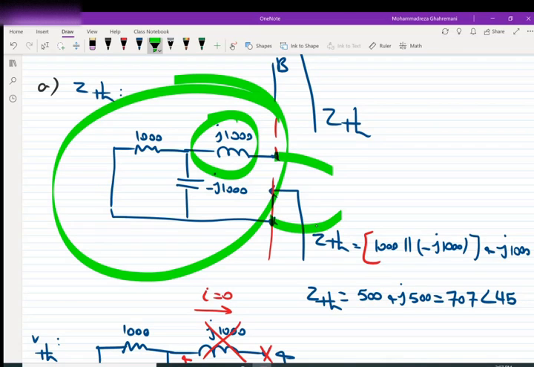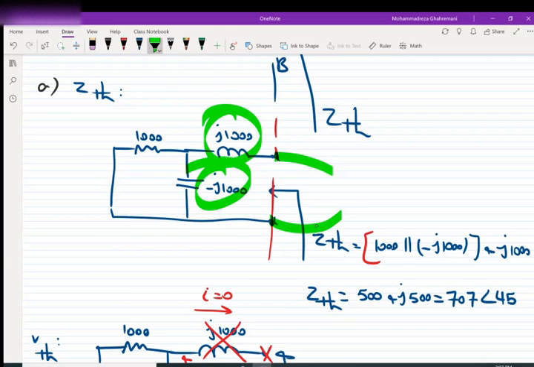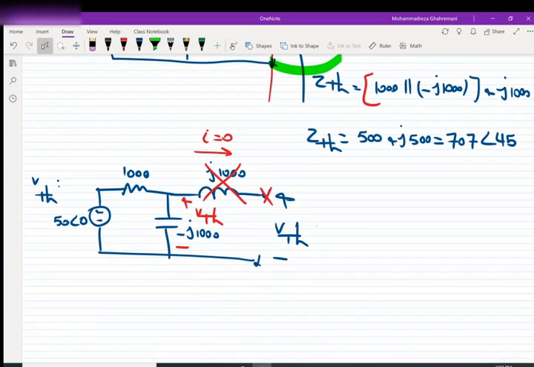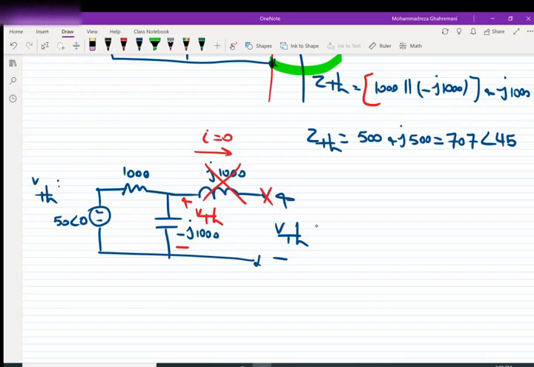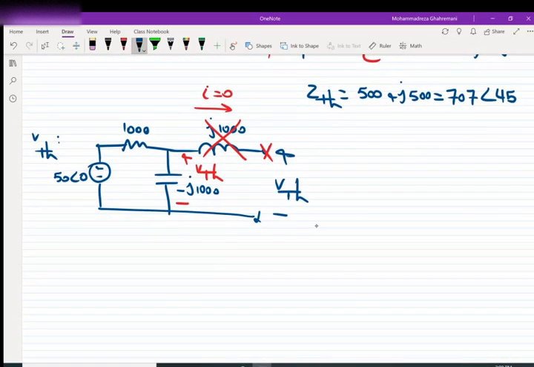We want to find impedance, so all of these parts are included in the impedance. But here, the voltage depends on the amount of current moving through the elements. Because there is no current moving through this element, of course this element is off the circuit.